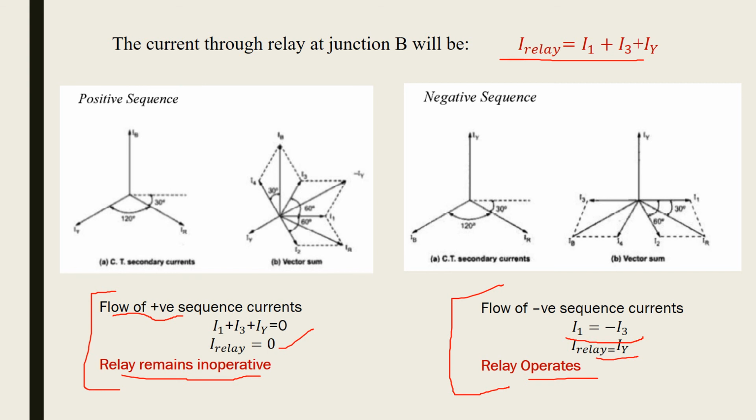Whereas when negative sequence current flows, the relay will operate as the I1 current will be equal to I3 and the relay current will become equal to IY current, which is the CT secondary current of phase Y.